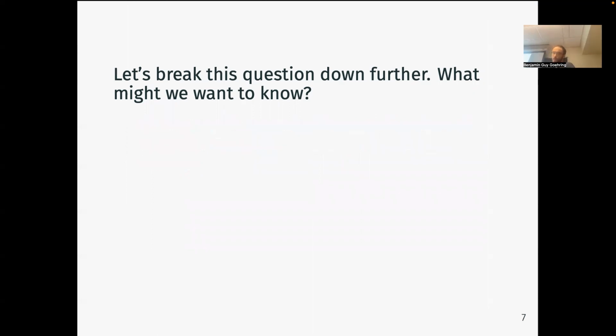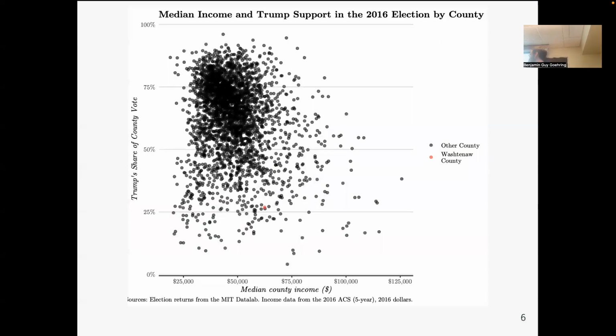So if a county has a median income of $75,000, what should we expect its support for Donald Trump to look like? You could also think about, if a county has a median income of $25,000, on average, how much did it vote for Donald Trump? What was its share of support for Donald Trump?